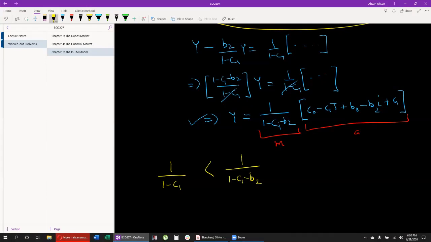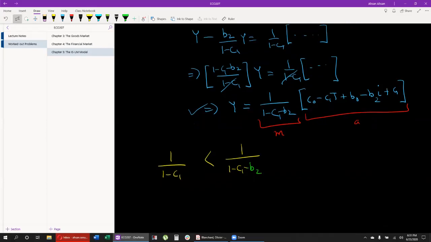This is bigger because we have added B2 here, which is in the denominator, and we're subtracting something from the denominator. So it's just basic maths. If you subtract or reduce the denominator, the whole value goes up. So what has happened is that the multiplier has become bigger.